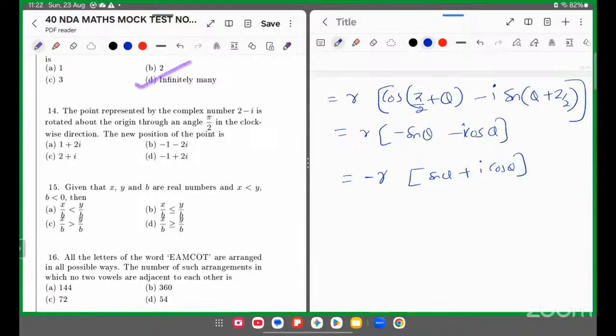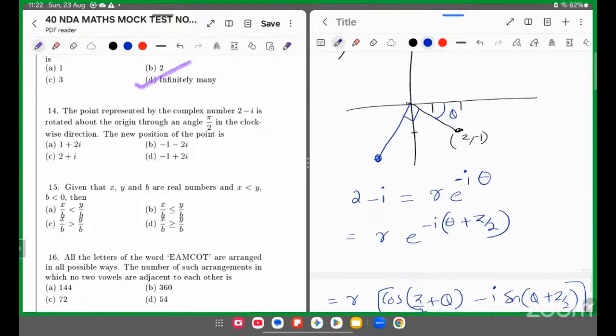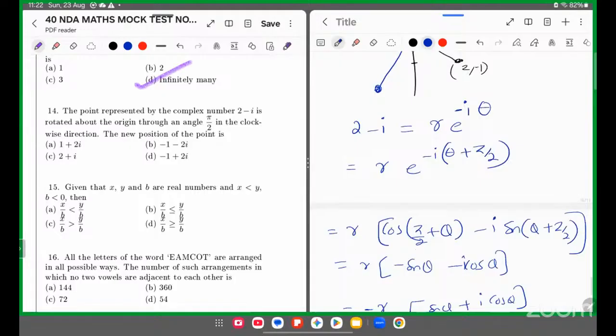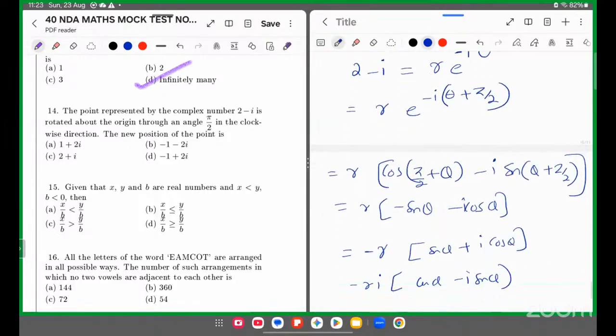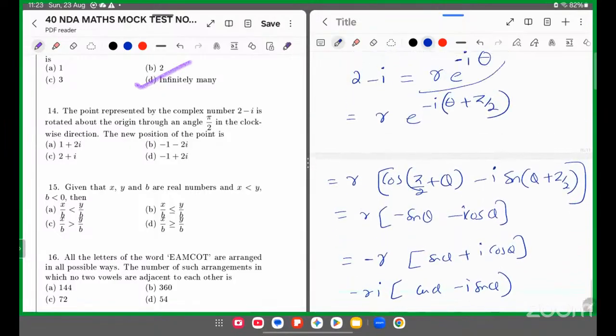Okay. So if iota is taken out, you can write minus r iota into cos theta minus iota sin theta. But cos theta minus iota sin theta is already r into e raised to minus iota theta.